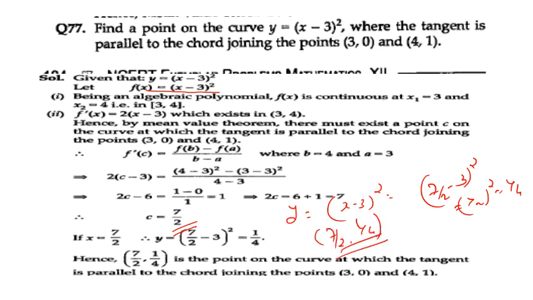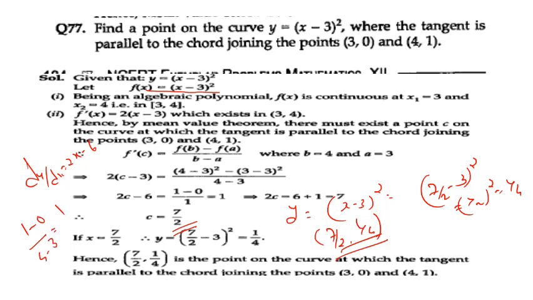The same problem you can do like this also, without applying Lagrange's mean value theorem. You find dy by dx. What is our dy by dx? Dy by dx is 2x minus 6. And the slope of the line joining 3, 0 and 4, 1 is y2 minus y1 by x2 minus x1.